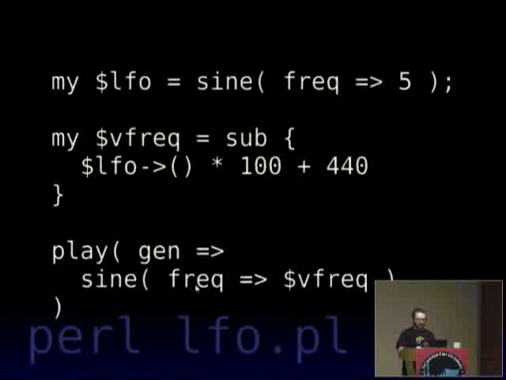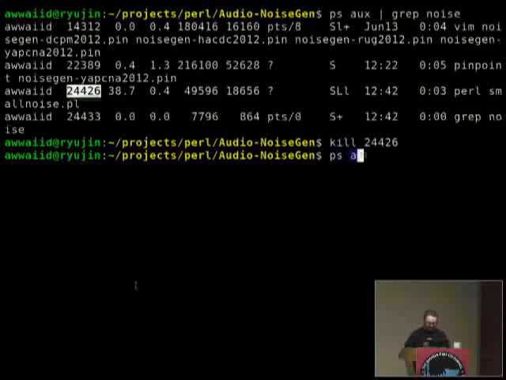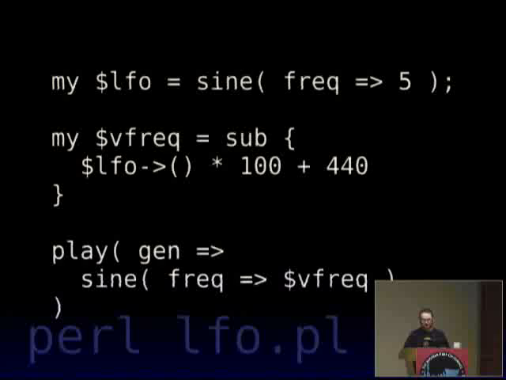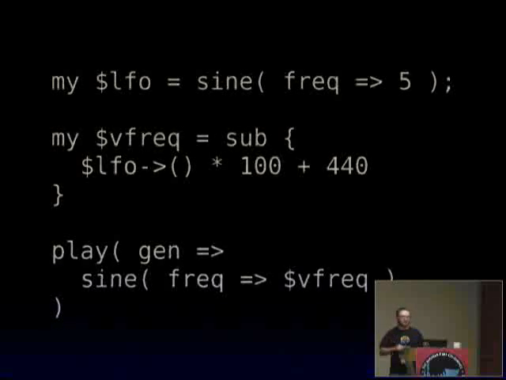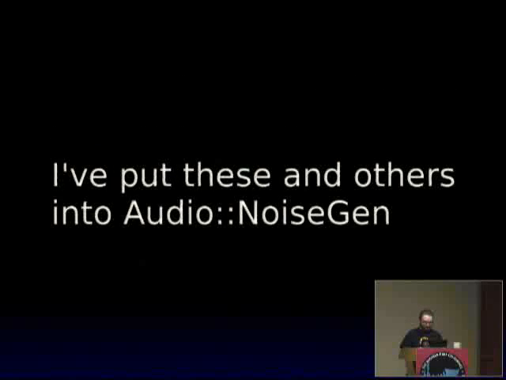And then we pass that in as the frequency to a sine wave. So when oh, good. Okay. So you can hear it, instead of just having one frequency, it's having a frequency that is dynamically changing over time.